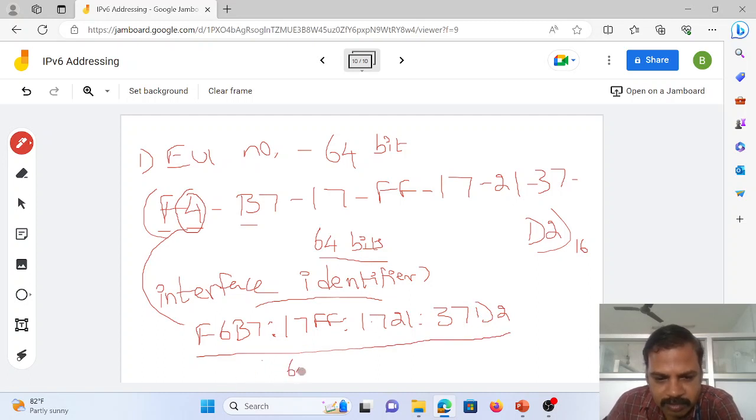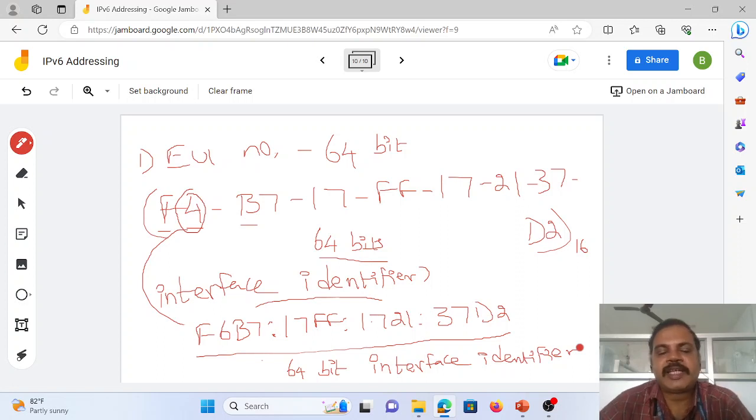Now totally this will be a 64-bit interface identifier. So this is how we are deriving the interface identifier from the EUI number.